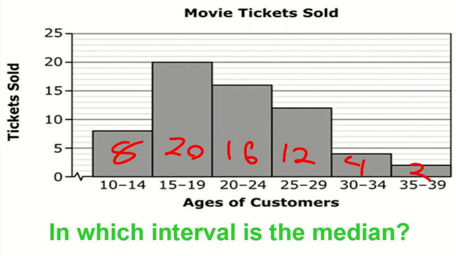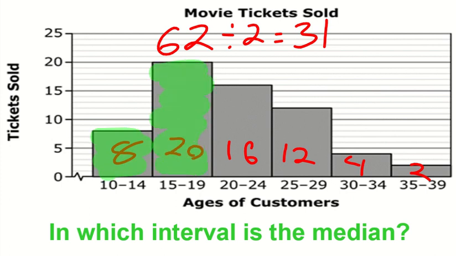So if you're actually working it out, you add up every one of those bars. So 8 plus 20 plus 16 plus 12 plus 4 plus 2. That gives us, what was it, 62, right? Gives us 62. Middle is the median, so we want halfway. So we divide that by 2. That gives us 31. What that means is we should have 31 on either side of the median. The median would be in between. There's 8.